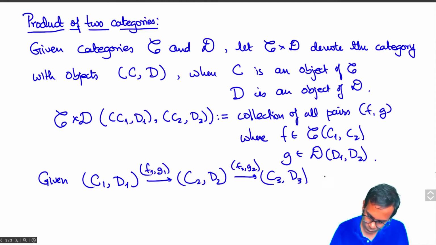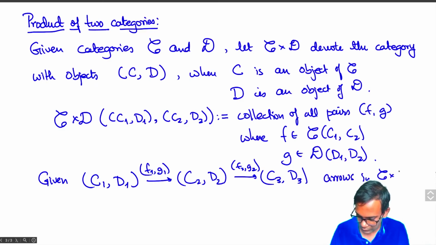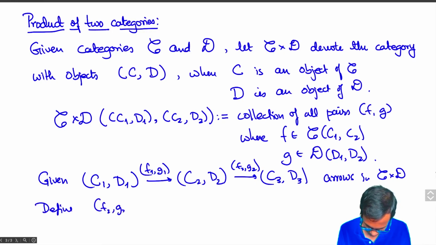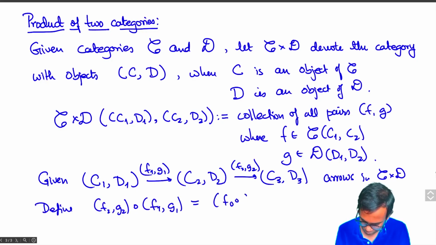Given such arrows in C cross D, the composition is defined by (F2, G2) circle (F1, G1) is componentwise composition: (F2 circle F1, G2 circle G1).